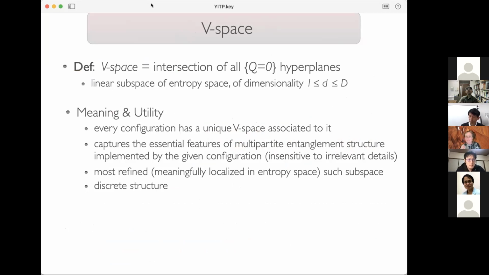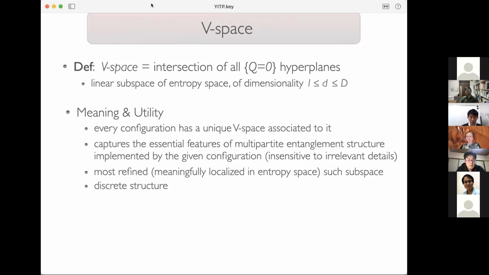Structurally, it really matters only which of these vanish and which don't yet vanish. So in some sense, it's an extended object, but it's the most refined, localized, meaningful geometrical object associated with a configuration. Because the entropy vector is really this infinite object, it's not meaningful, but there is an object which is meaningful, which is this Vspace.